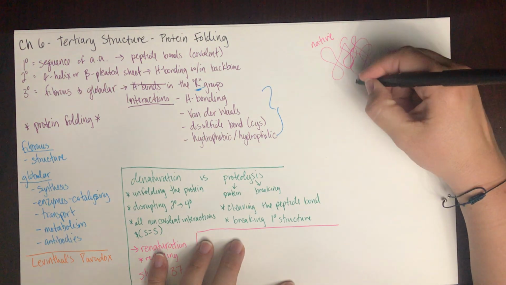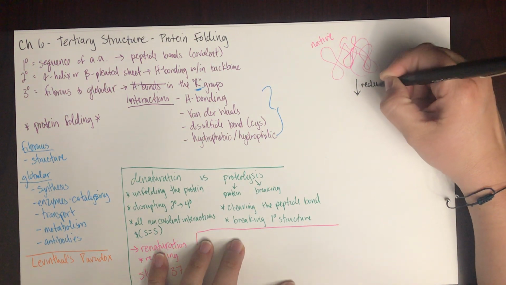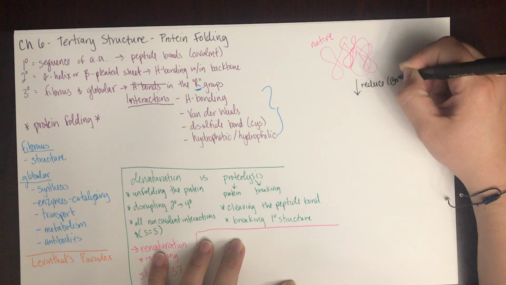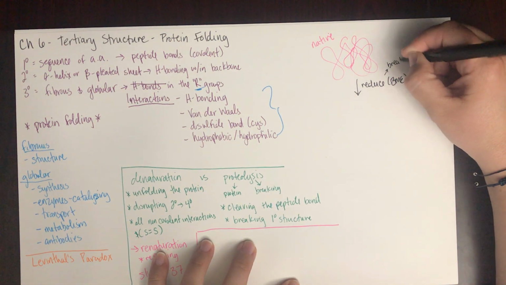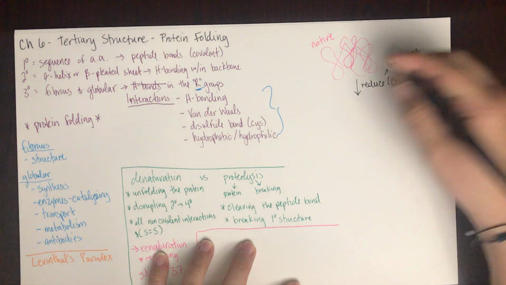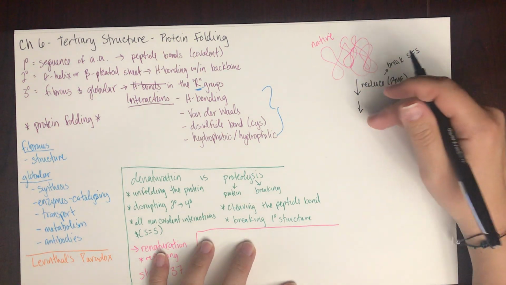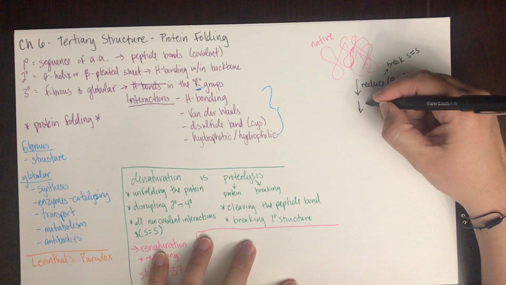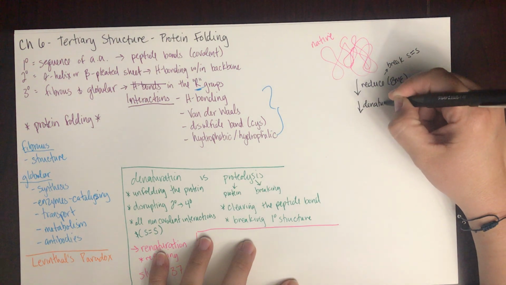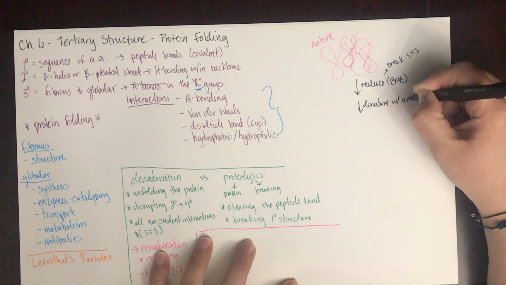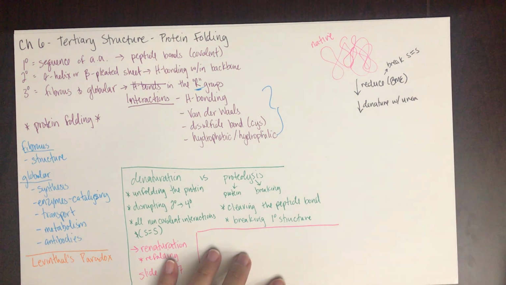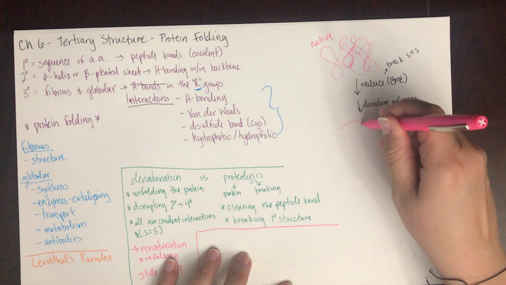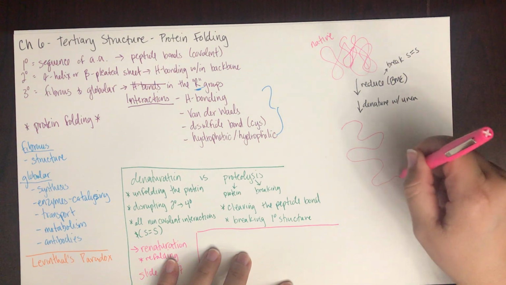One, they were reducing it with BME, and that is going to break the disulfide bonds. And then in this order, the order is important, they were denaturing it with urea. Urea will unfold the protein. And then you get kind of this unfolded protein.